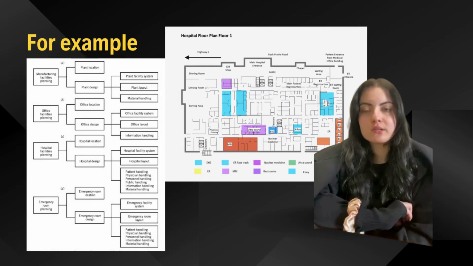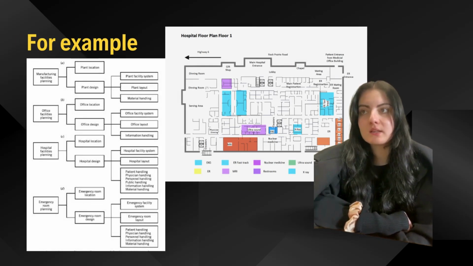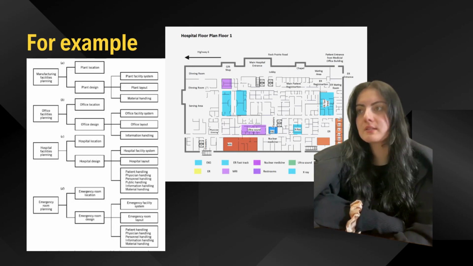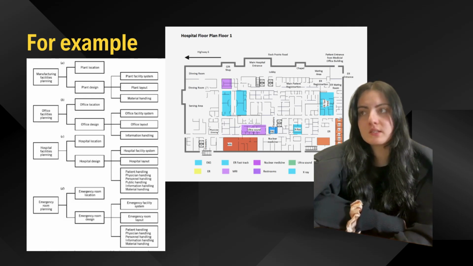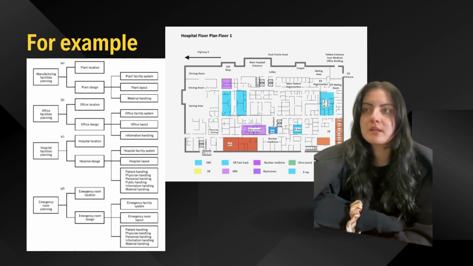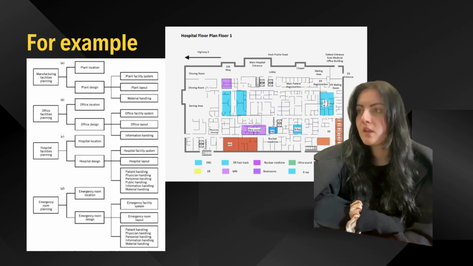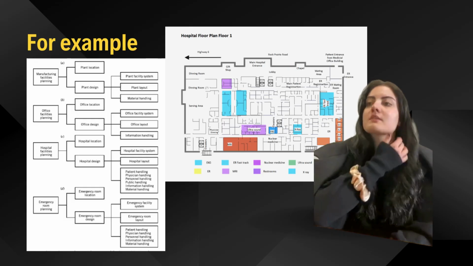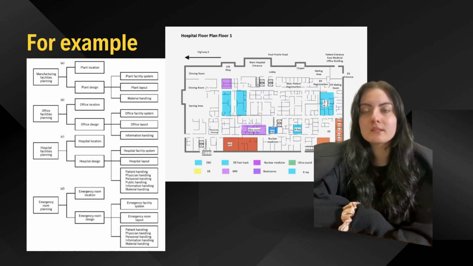You can see concrete examples on this page, and it makes the topic easier to understand. On the left side, we see how the same planning logic is adapted for manufacturing facilities, office facilities, hospital facilities, and emergency rooms. On the right side, we see a hospital floor plan, which is a good example of how design decisions appear in real life. For manufacturing facilities, the focus may be plant location, plant design, plant layout, and material handling.